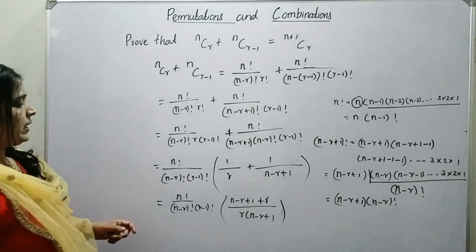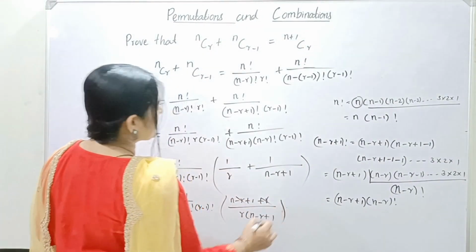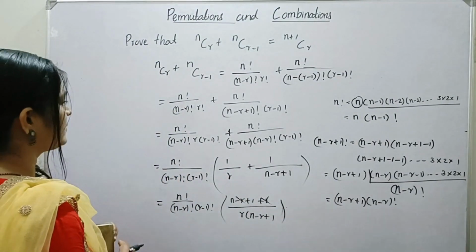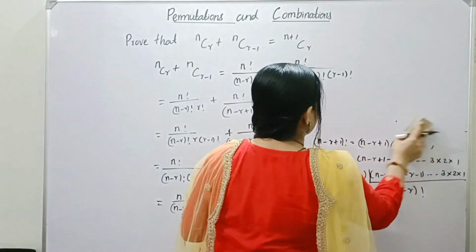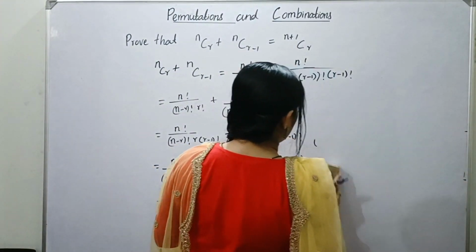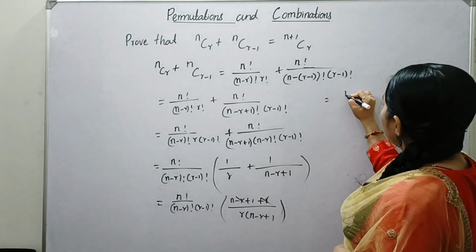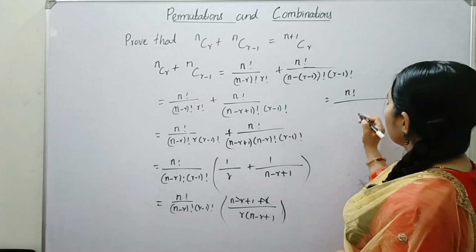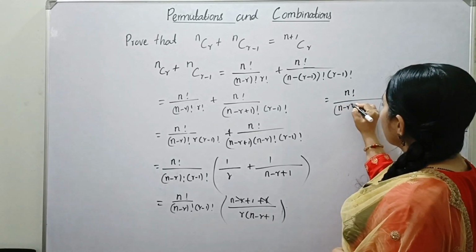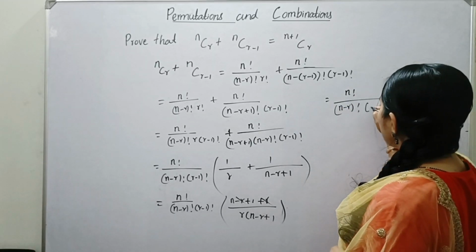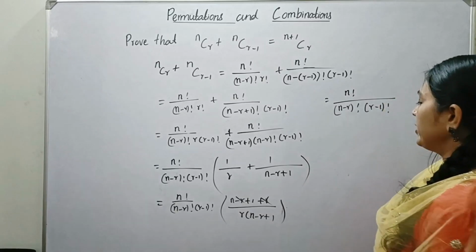Next, here minus r plus r cancelled. I will write it here: n factorial divided by n minus r factorial into r minus 1 factorial.